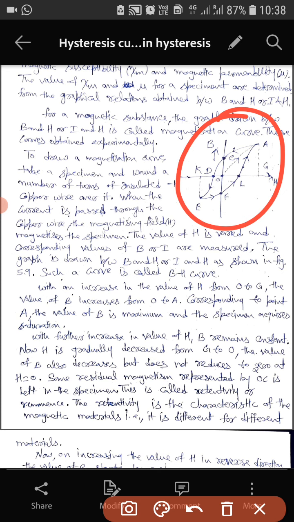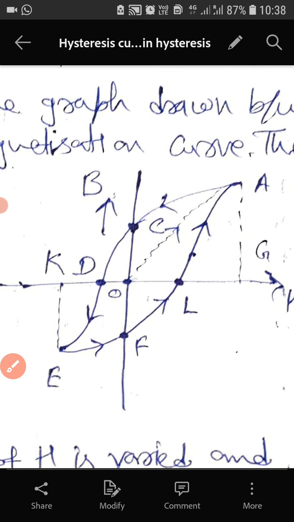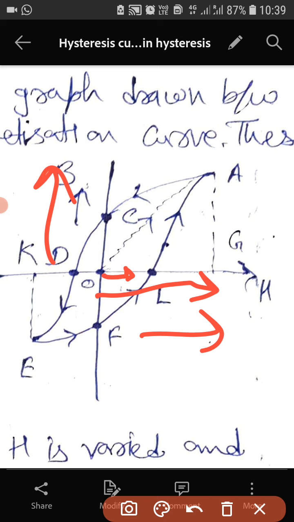See what will happen in this graph with the increase in the value of H. When we increase H starting from point O to G, in this direction, the value of B, which is along the Y direction, increases from 0 to A. At a particular point, B gets saturated.